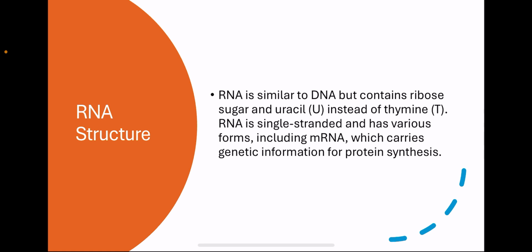So A and U match together in RNA. RNA is usually single-stranded and exists in multiple forms, including messenger RNA, ribosomal RNA, and transfer RNA. Messenger RNA plays a central role by carrying the genetic code from DNA to ribosomes, where then proteins are synthesized.